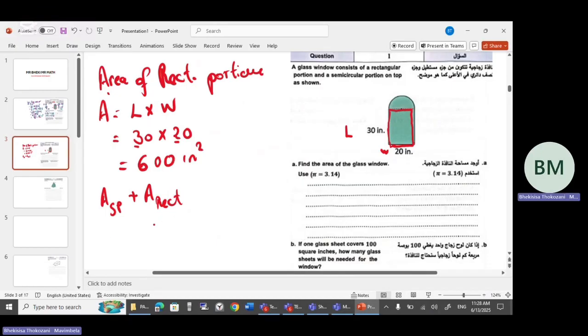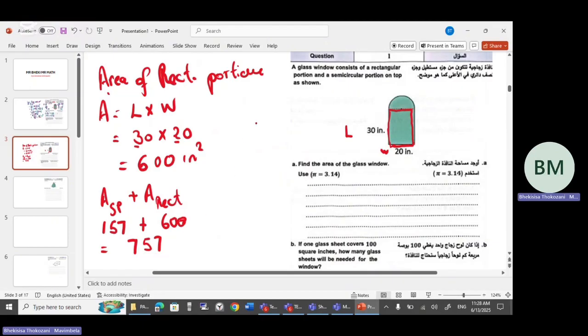So remember, for a semicircular portion, it was 157. That's the answer that we got, plus this one here for rectangular, which is 600. So if I add both of this, I am getting my answer to be 757. I hope that makes sense, guys.